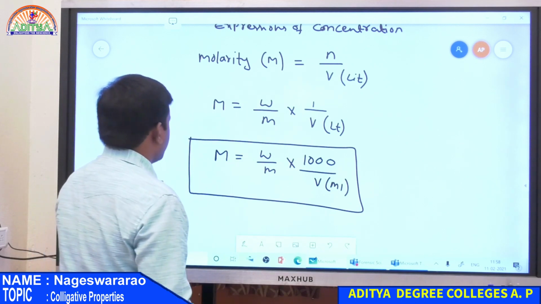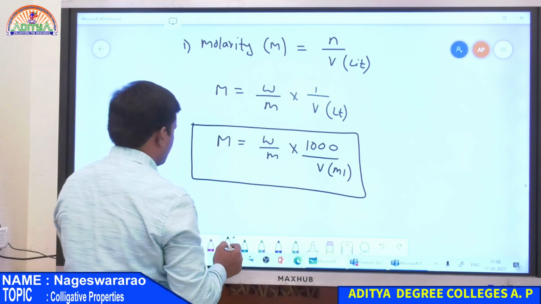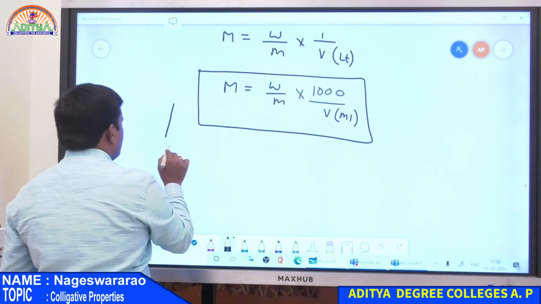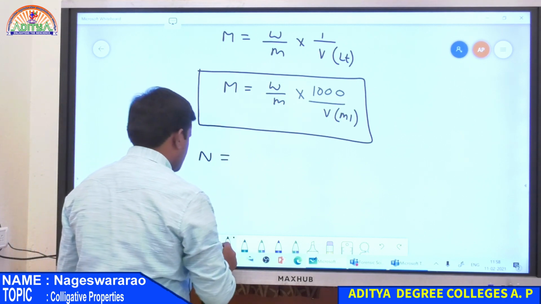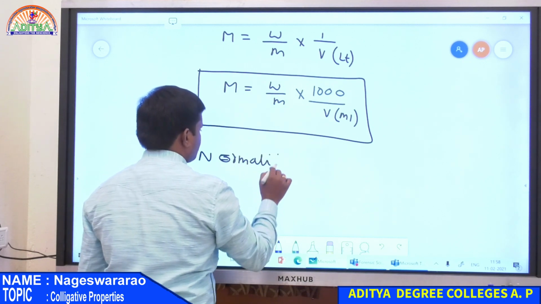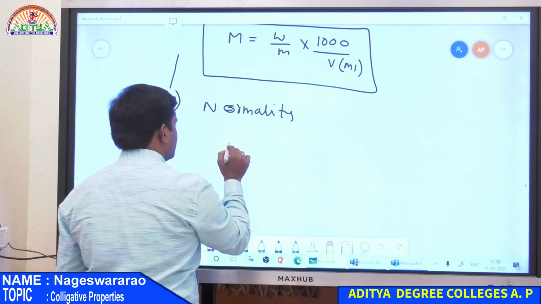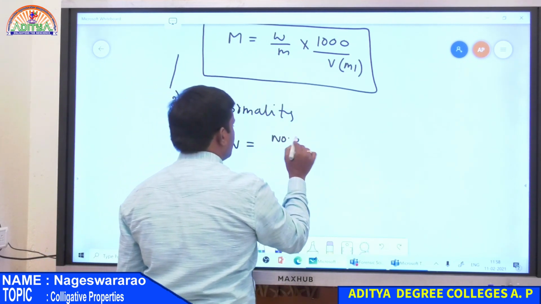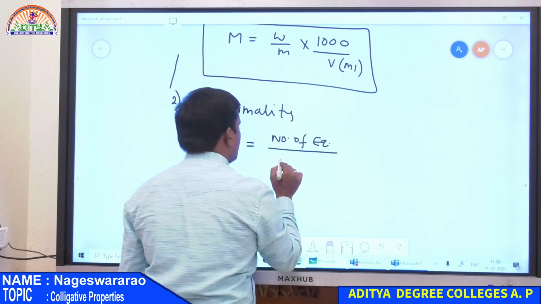The second expression for molar concentration is normality. We also explained normality. It is denoted by capital N, and N is equal to number of equivalents divided by volume.